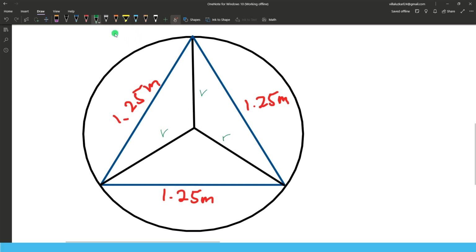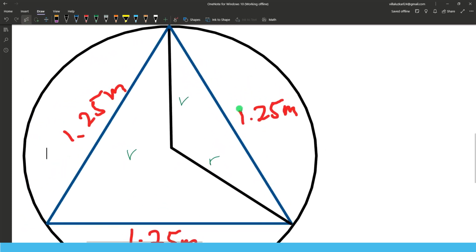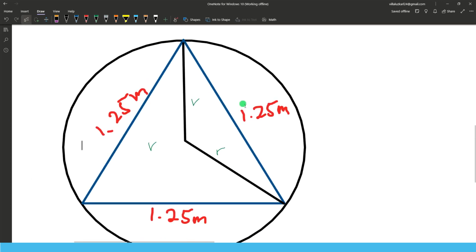We focus on a smaller triangle, this one, with two sides which are r and 1.25.